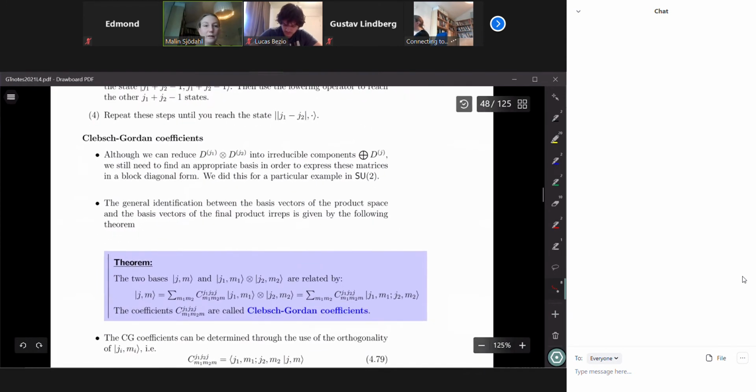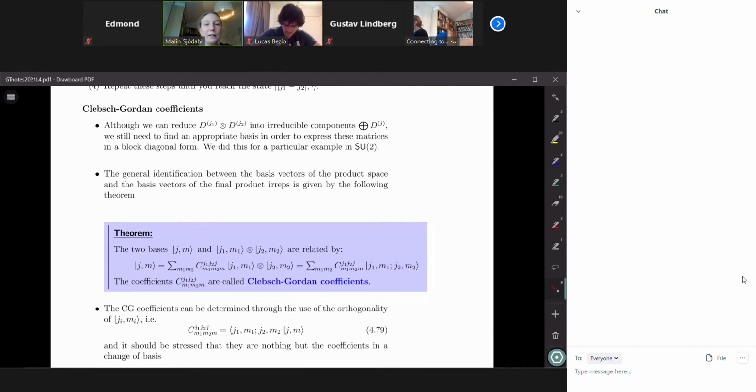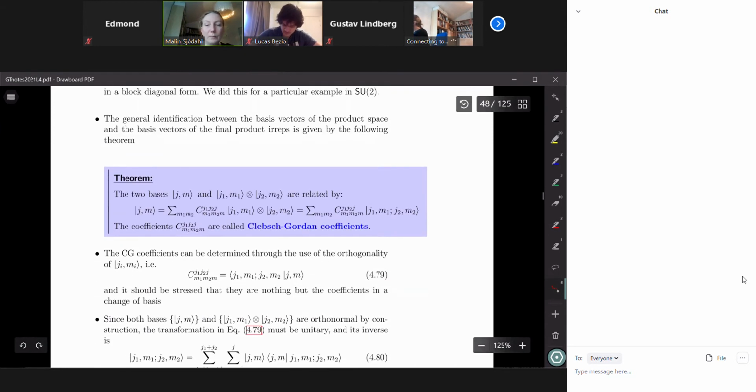Now, the coefficients in that change of basis, that is nothing but the well-known Clebsch-Gordan coefficients that you should have encountered in quantum mechanics. And in general, the identification between the basis vectors in the product space and the basis vectors in the irreducible representations are given by these Clebsch-Gordan coefficients.